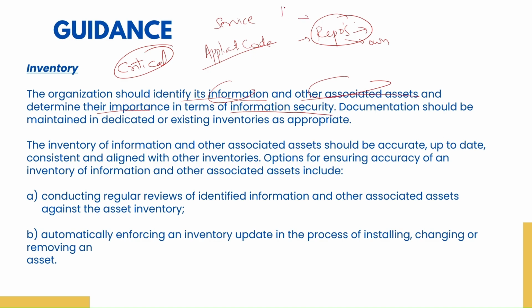So definitely this should be high, right? If the application code itself is not working, or if it goes defective, or due to some reason it is not working, then it will affect my business, correct? So it is important for me to identify the importance in terms of information security, also how important it is to secure this asset.